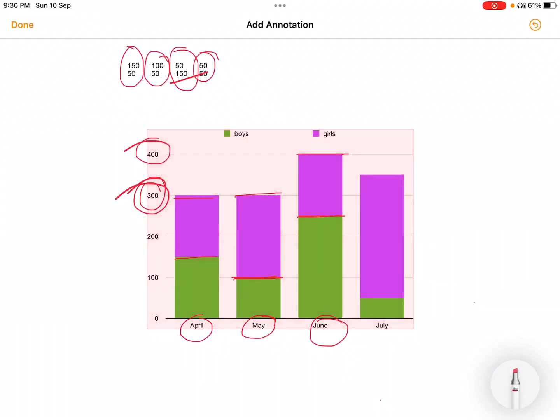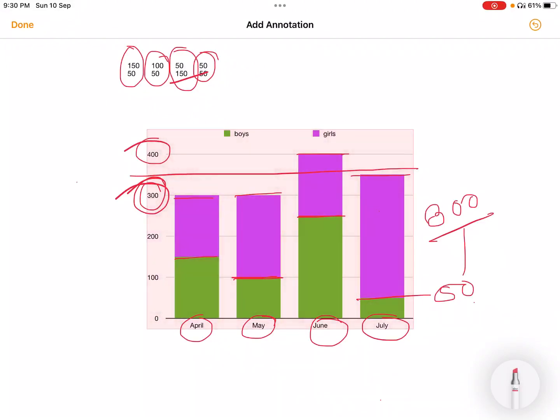So result is 400. लास्ट में क्या है, in a July month, so very few students means only 50 boys they joined the session, and remaining all the girls around 300 girls they joined the session. So togetherly कितना हो जाएगा, 350. So your scale is here in between 300 to 400. This is a 350. तो ऐसे आपको क्या करना पड़ेगा, सब डिवाइडेड बार ग्राफ्स बनाने पड़ेंगे.